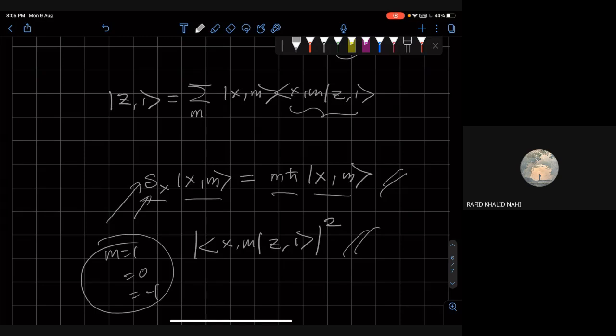Sir, do I have to evaluate the matrix elements, the first one in the SZ basis and the second one in the SX basis, or evaluate both in the same basis? Well, matrix elements are numbers, right? Why don't you try?